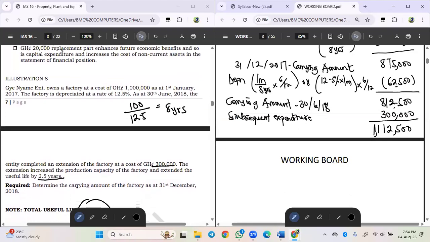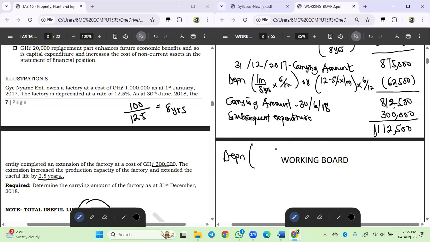But the question said we should determine the carrying amount of the factory as at 31st December 2018. So now we have to calculate depreciation from 1st July 2018 to 31st December 2018. That one will not be the original cost again, the cost of 1 million.